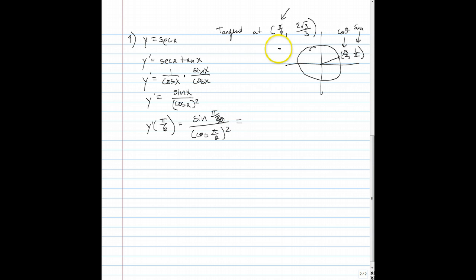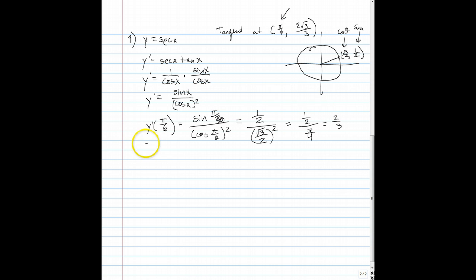So the sine of pi over 6 is 1/2, and the cosine of pi over 6 is the square root of 3 over 2. But we have to remember that it's squared, and once we simplify this, we will get the slope at that given point. So this would be 1/2 divided by 3 over 4. This simplifies to 2/3.